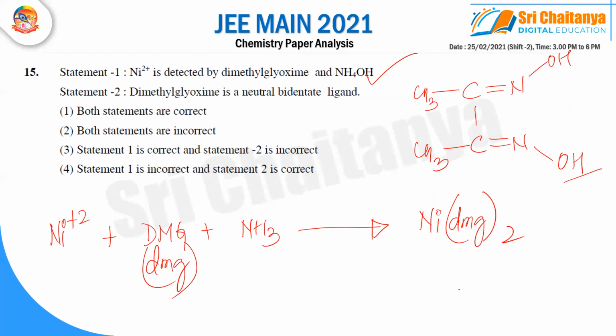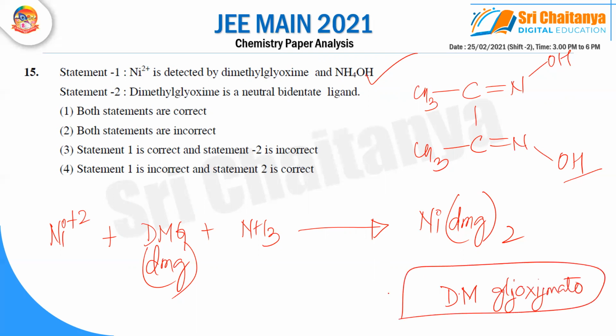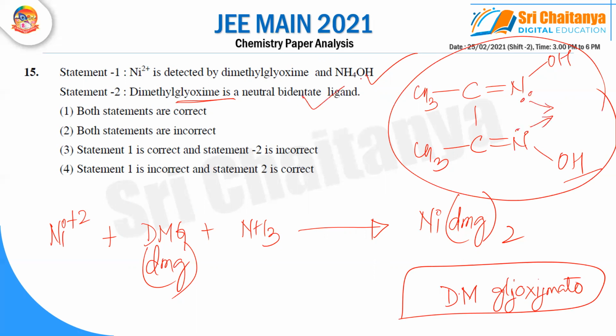Then it becomes dimethyl glyoximato. But you are talking about dimethyl glyoxime. So this is dimethyl glyoxime, and it is a neutral bidentate ligand. So this statement is true. So we arrived at option number 1. So both the statements are true.